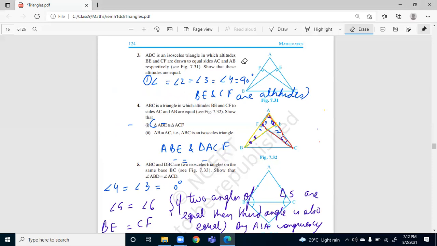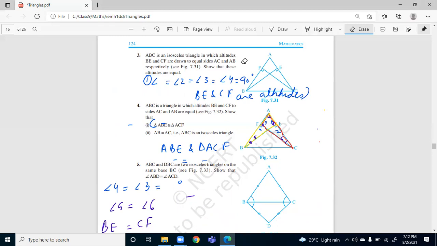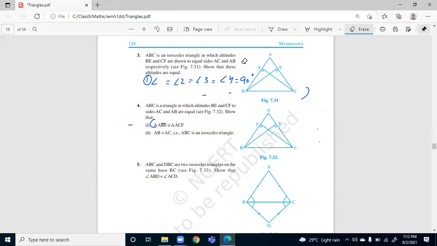ABC and DBC are two isosceles triangles on the same base BC. You have to show that angle ABD is equal to angle ACD. So see, for every question we should have some clear logic in mind about how to solve that particular question. If I want to show that two angles are equal, I can do it by CPCT, isn't it?